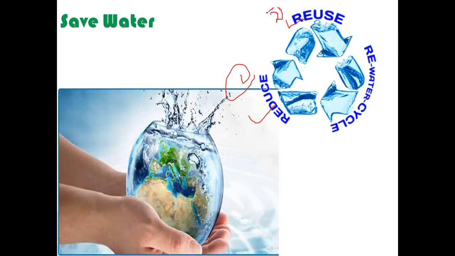Reuse means if you have left some water, like drinking water, say you drank just half a glass, don't throw the rest away. You can give that water to the plants, or just cover it and use it next time.